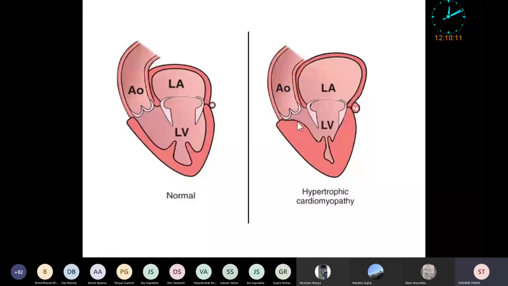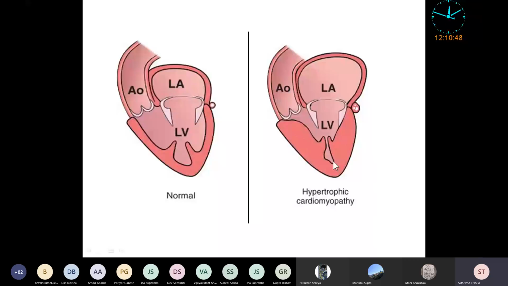So though the ventricle is contracting, it doesn't have enough blood to push into the aorta. That's why the cardiac output is reduced. Though adequate blood is there in the left atrium, the ventricle doesn't have the capacity to accommodate the blood pumped by the left atrium.